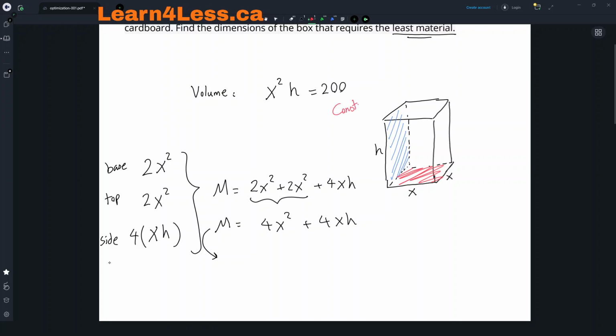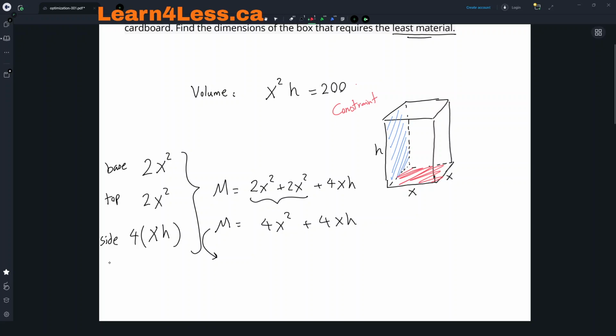Maybe I can say, for example, x is equal to 5, but h would be kind of dictated to me. Or I can say x is equal to 100, then h would be dictated to me, as I have very little height for that box. So x and h are dependent on each other. That's why we have a constraint.